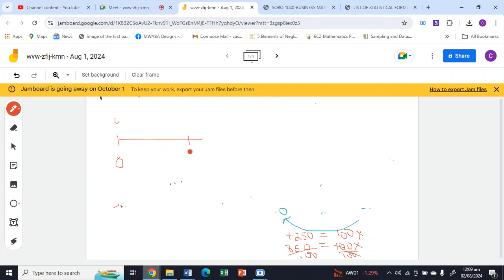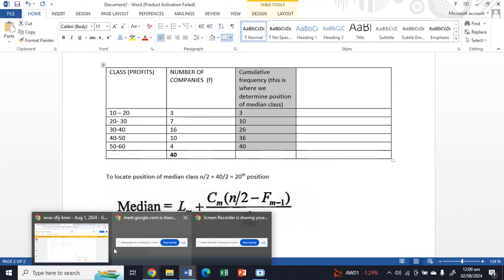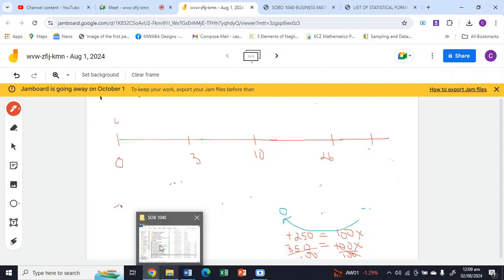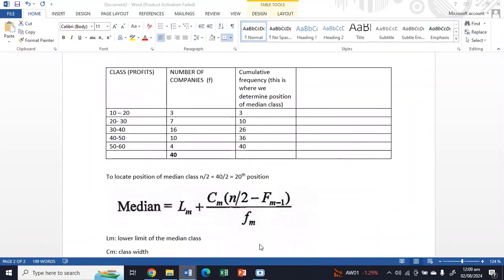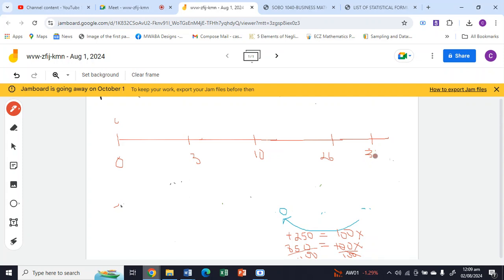0, 3, 10, 26, 36, then 40. So think of it like this: from 0 to 3 is the class of 10 to 20.